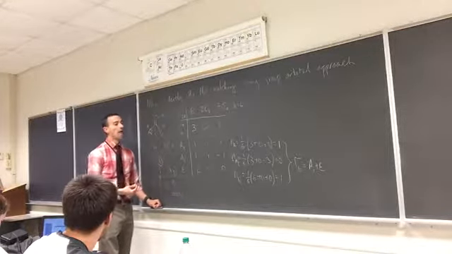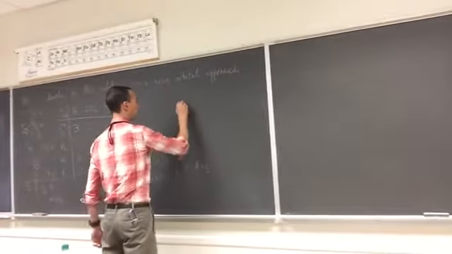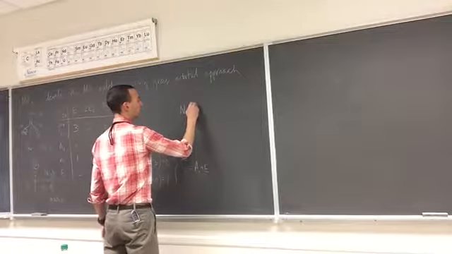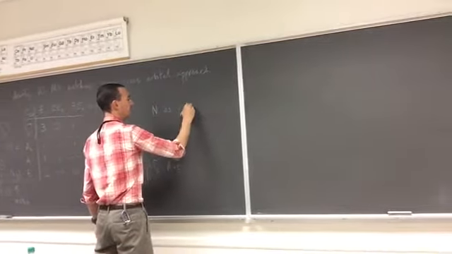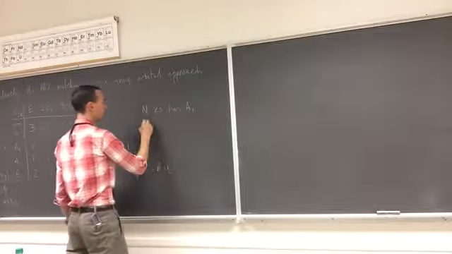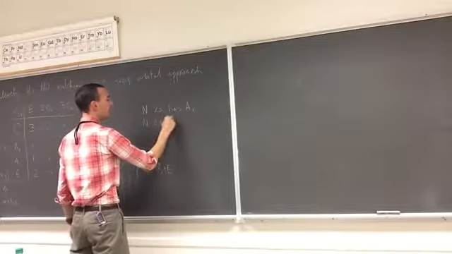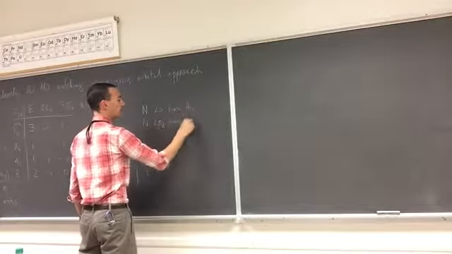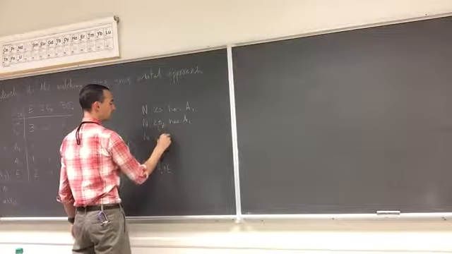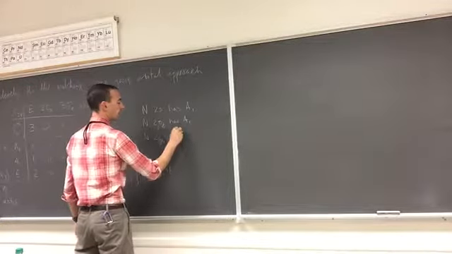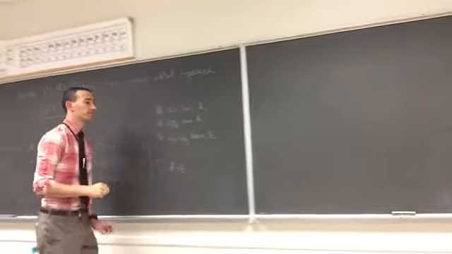So, the nitrogen, this would be the second period. The nitrogen 2s has A1 symmetry. The nitrogen 2pz has A1 symmetry. And the nitrogen 2px and 2py have E symmetry.